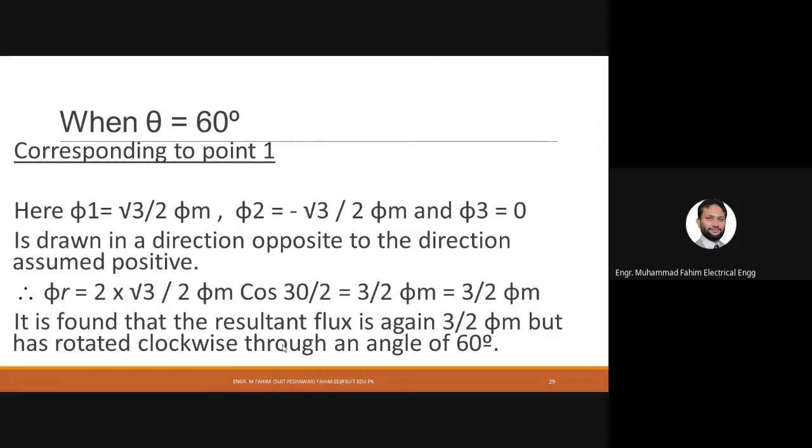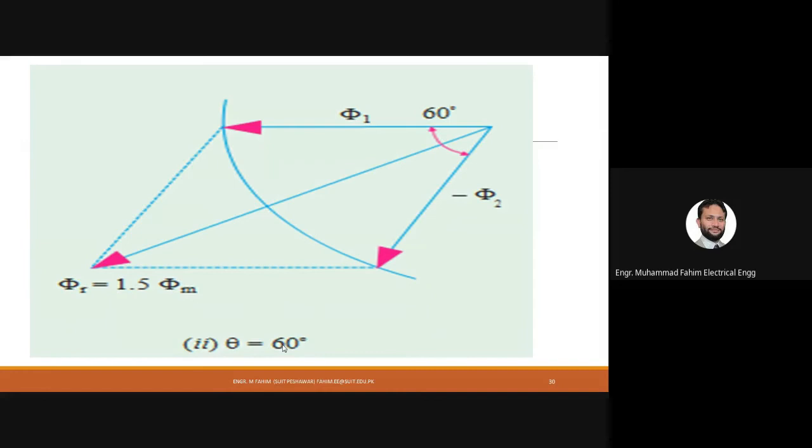So now it is equal to 3 by 2 phi max. It is found that the resultant flux is again 3 by 2 phi max, but has rotated clockwise through an angle of 60 degree. Now it is shifted 60 degree clockwise with the same magnitude of phi r, that is 1.5 phi max.